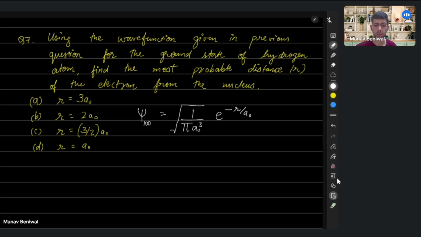This was the wave function given to us. This is the ground state, and we are asked to find the most probable distance r of the electron from the nucleus. Basically, what will be the most probable distance?